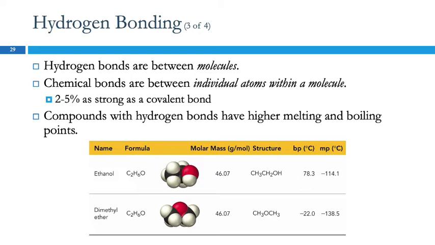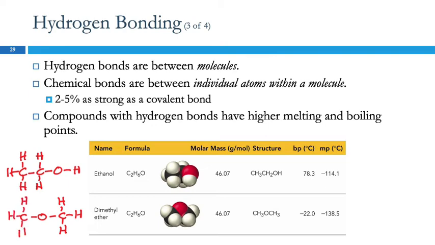let's do the Lewis structures here real quick. This is ethanol. We've got the space-filling models, but it's a little hard to see. So there's ethanol, and here's dimethyl ether. And why is that one polar?